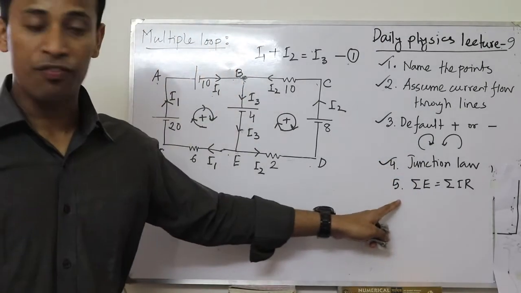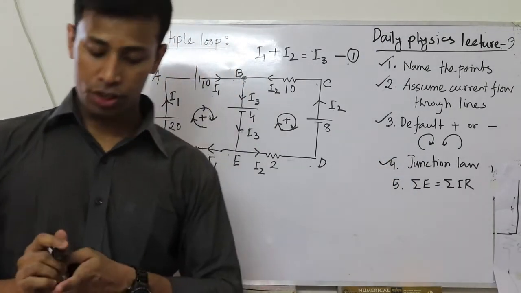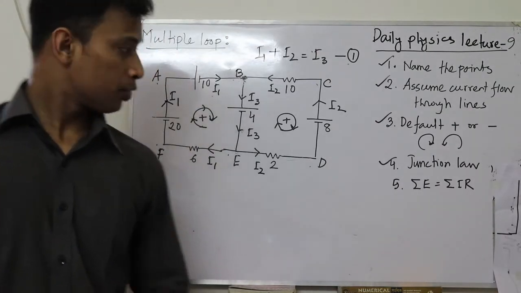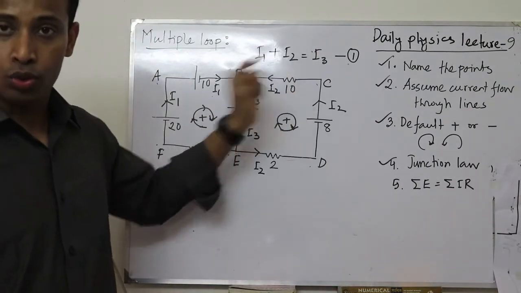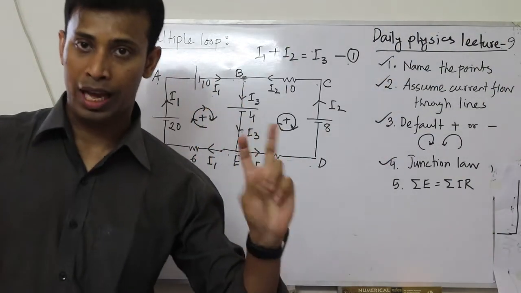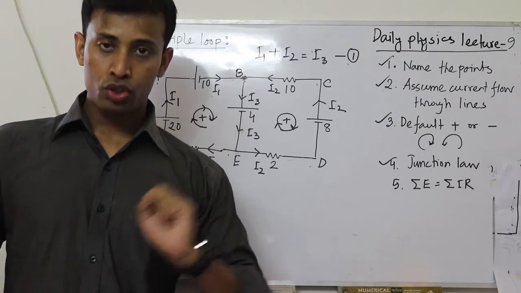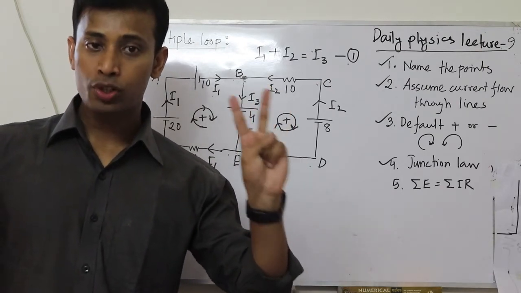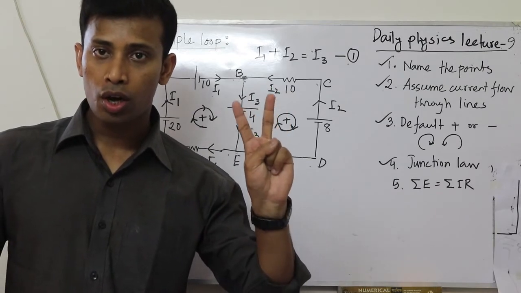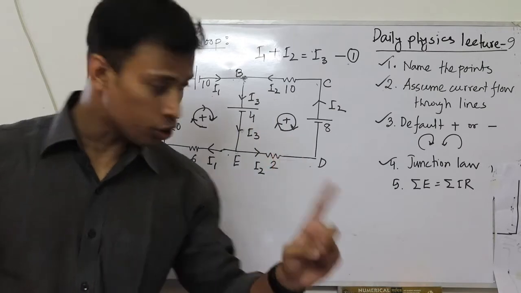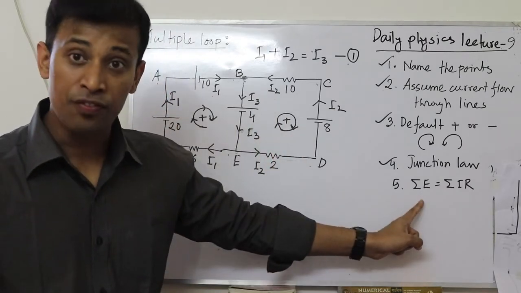So let's use step 5. Summation of E is equal to summation of IR. As I already told, we need to get I1 and I2 for I3. So our main task now is to get I1 and I2. For these 2 currents, we need 2 equations, and we can get those 2 equations from step 5.